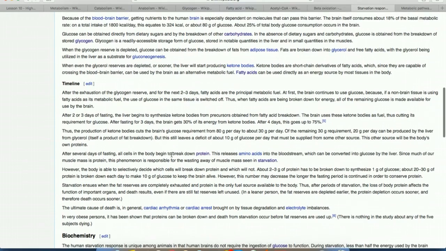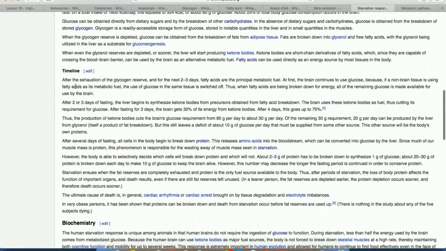This seems very interesting. After the exhaustion of glycogen reserves and for the next 2 to 3 days, fatty acids are the principal metabolic fuel. At first, the brain continues to consume glucose. After 2 or 3 days of fasting, the liver begins to synthesize ketone bodies from precursors obtained from fatty acid breakdown, and then the brain uses these ketone bodies as fuels.